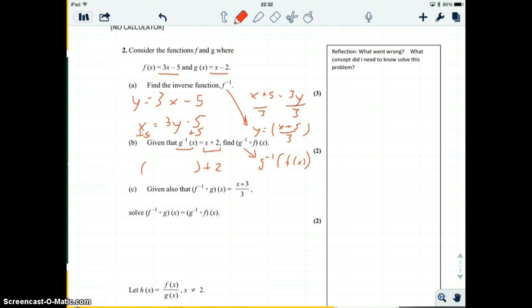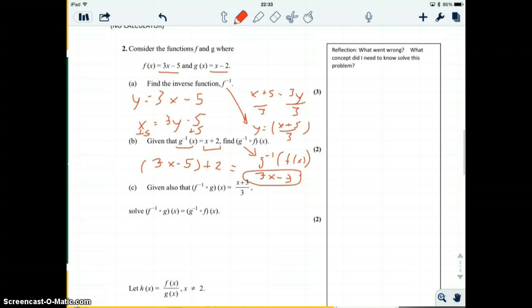Okay, so f of x, remember, is 3x minus 5, so we put that in the parentheses. Okay, so 3x minus 5 plus 2 on the outside. If you want to simplify that, that would be, of course, 3x minus 3. 3x minus 3. Okay, next part.